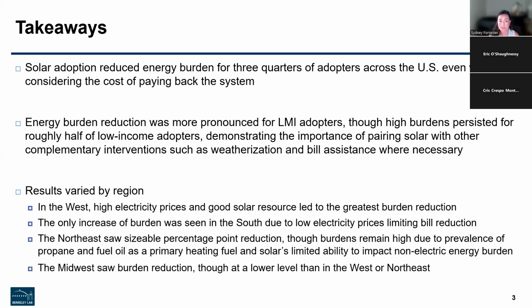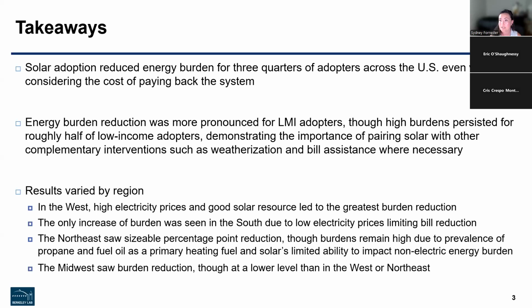So a large focus is on the income group breakdown, just because energy affordability especially matters for more income limited customers. So we're focusing on those that we define at 80% of area median income or less as low income, and then moderate income, which is 80 to 120% of AMI.